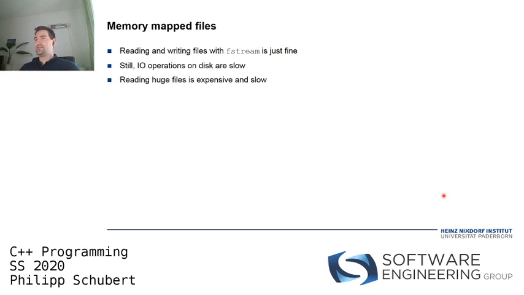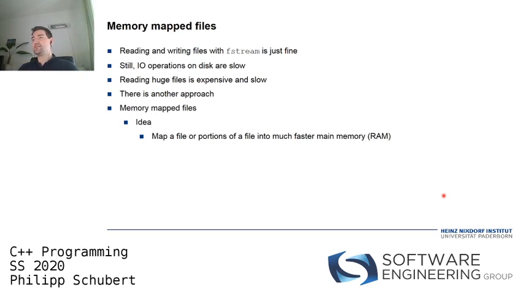So, reading huge files is expensive, and there's another approach called memory mapped files. What's the idea? The idea is that you map a file, or if the file is too large, only portions of a file, into much faster main memory, random access memory.